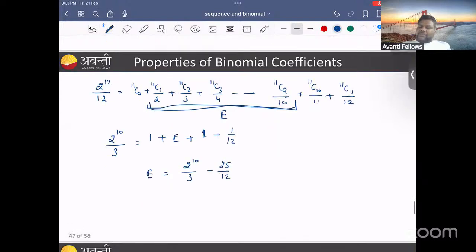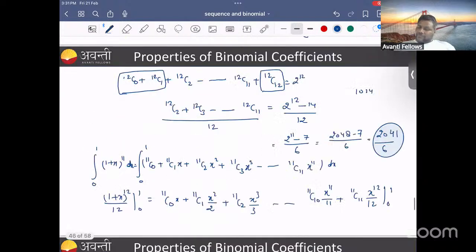Now if I take LCM, 12, 2 to the power 12 minus 25 upon 12. Here it was minus 7.